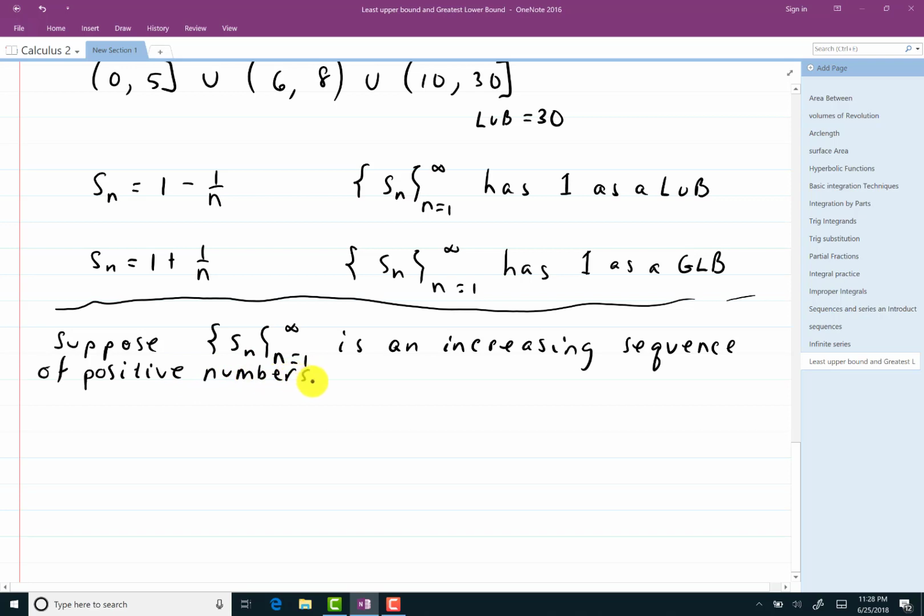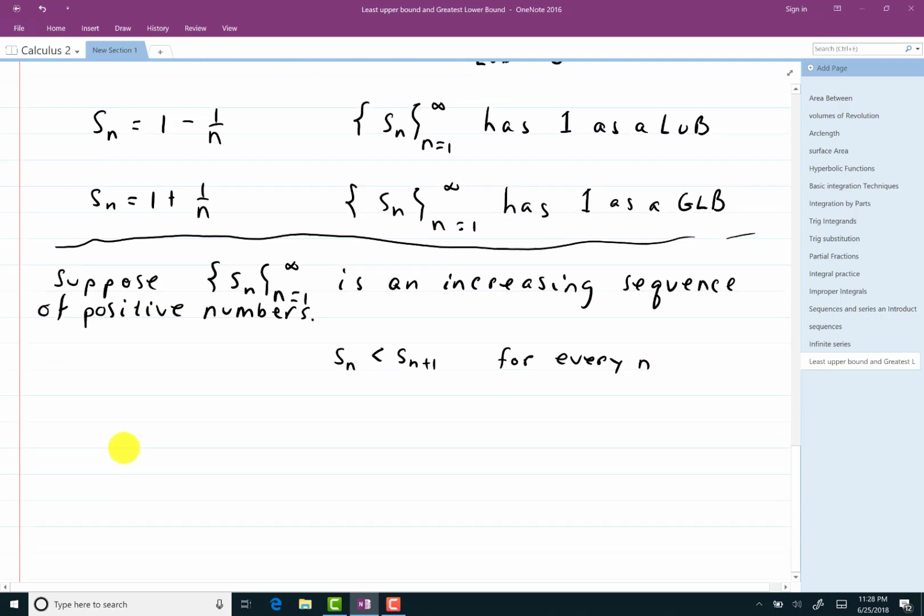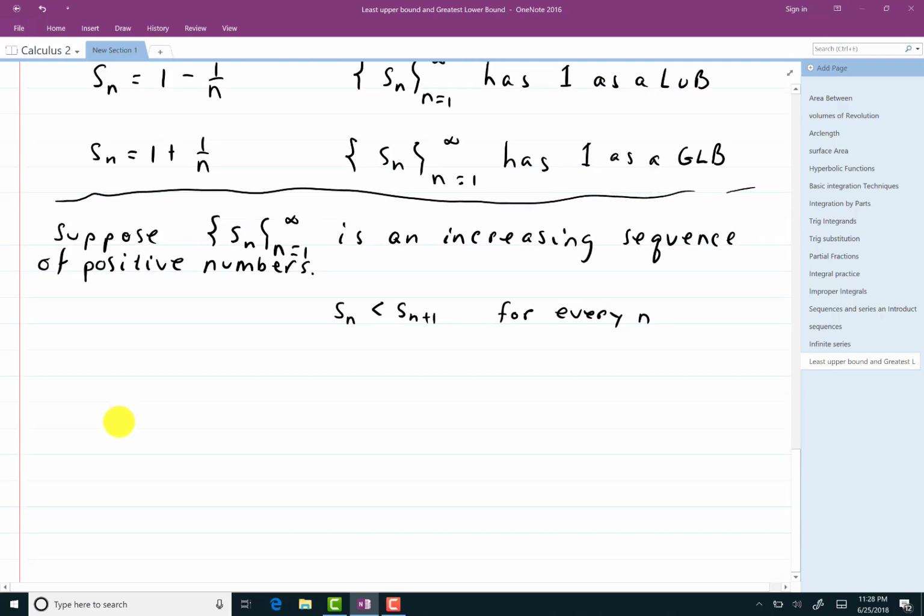So stop right there for a minute. If I'm saying it's an increasing sequence, that means I require that S sub n is less than S sub n plus 1 for every n. All right, so it's increasing. That's what that means.